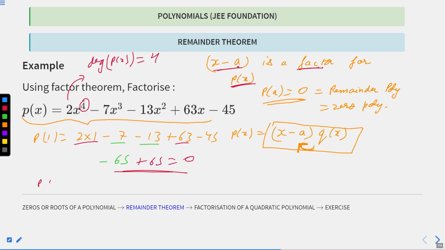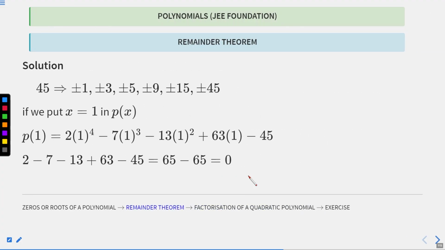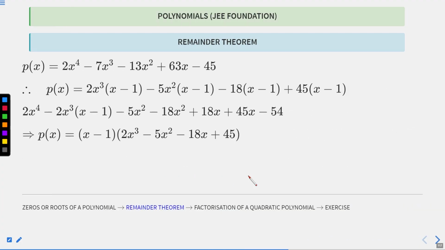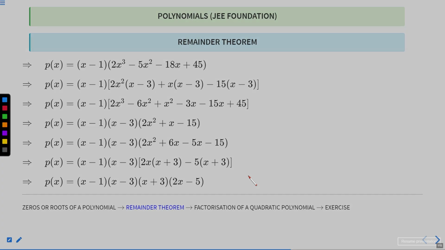So one is p of 1, second was p of 3, and after taking these two factors, x minus 1 and x minus 3, my third polynomial will look like some q of x in brackets. Then after I do some manipulations over here, finally what I got for the remaining factors was x plus 3 and 2x minus 5.